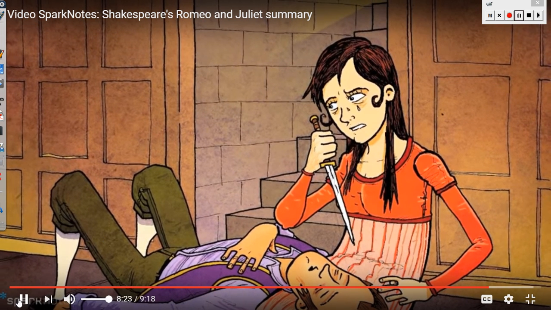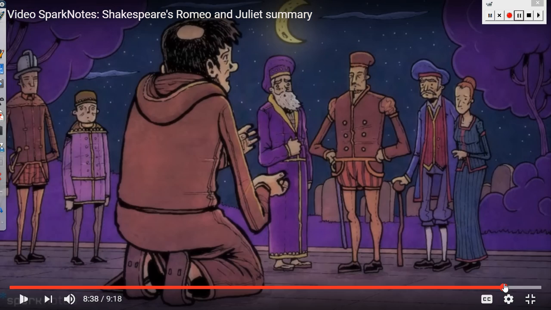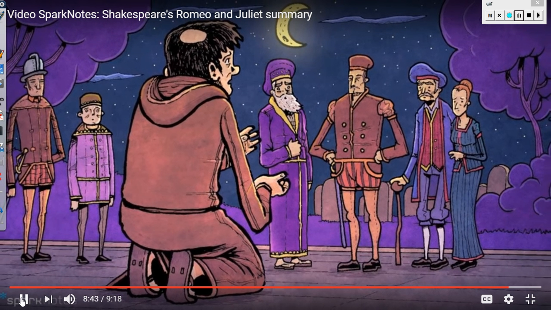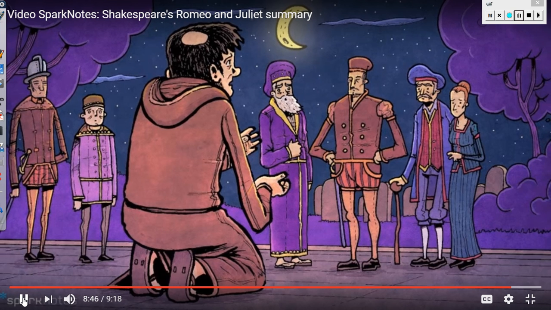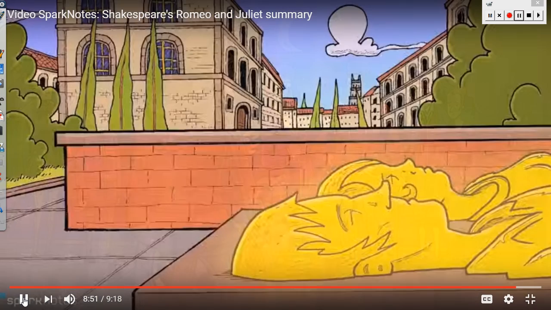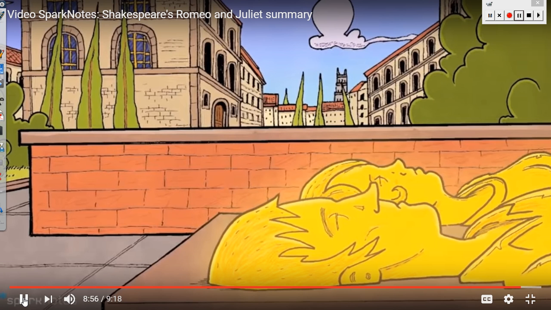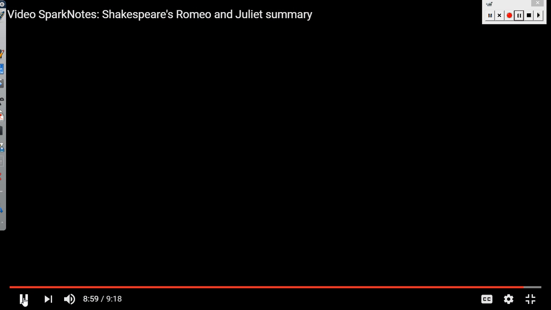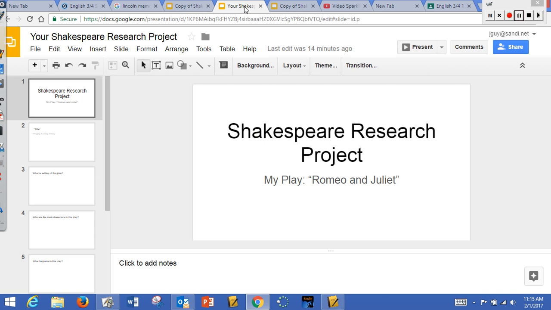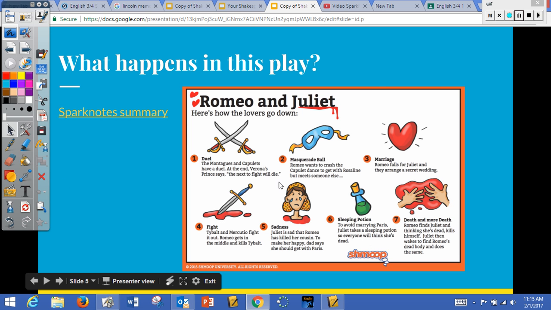Aww. So the way the story ends is the two families have promised that they will no longer be enemies and that they will get along. So at least there's a good ending.